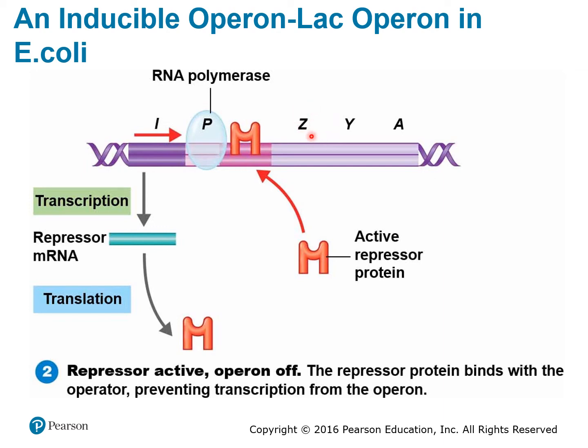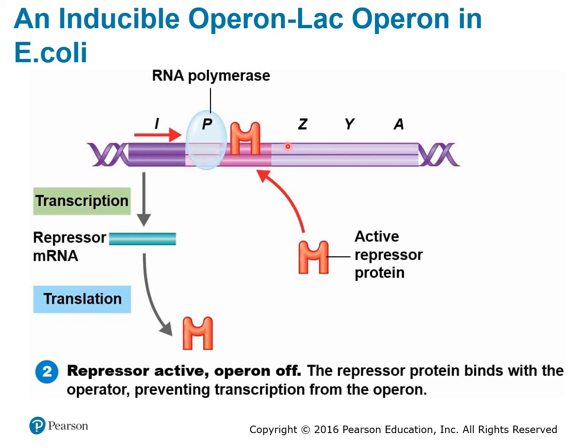So this is gene Z, Y, and A. And those genes right here, as you can see, they are grouped together. Those genes are, if they are expressed, then they are going to help the E. coli absorb the lactose and metabolize it and break it down. That's if they are turned on.